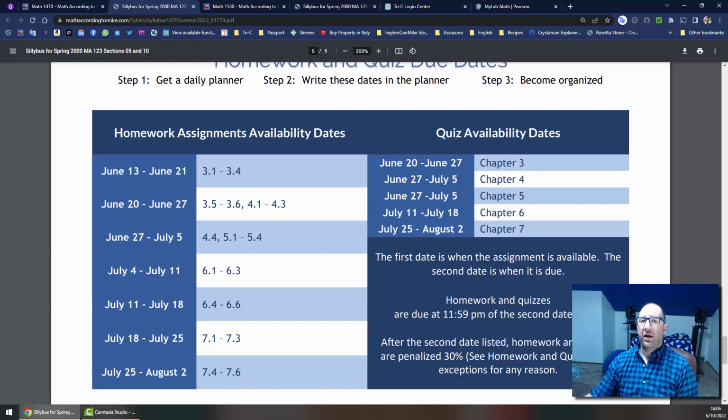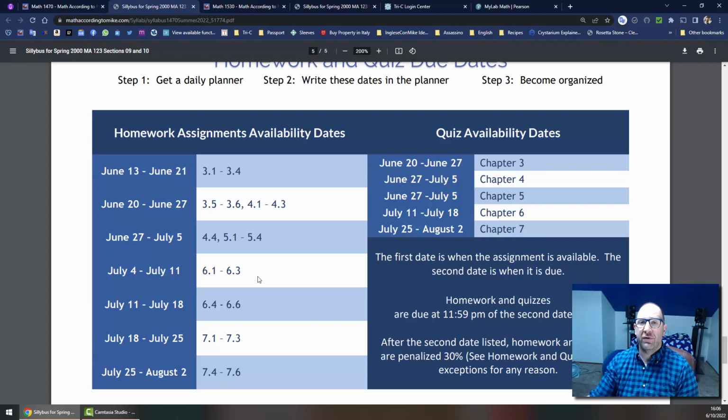So there's that. If you read this carefully, notice that the week to where the chapter ends is also the same week to when the quiz is. So in a week, you might be doing a balancing act of homework and quizzes.